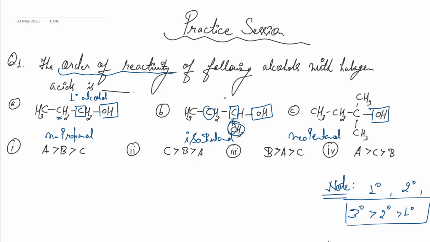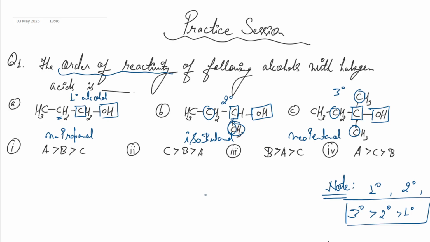And here we have the carbon on which the OH is attached, and this carbon is connected with 3 different carbons, so that's your tertiary alcohol. So we have primary, secondary and tertiary alcohol.